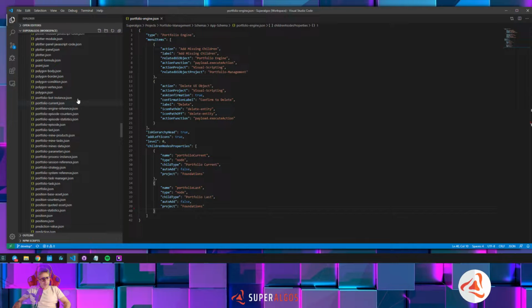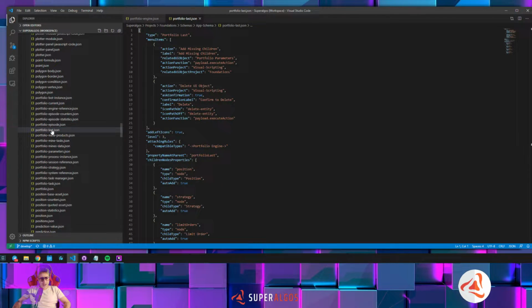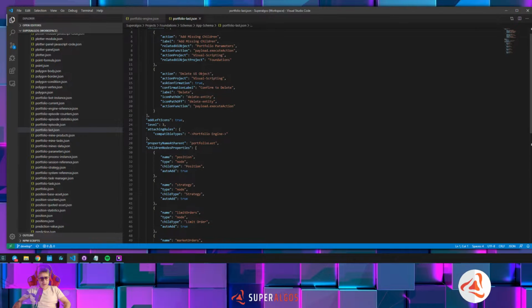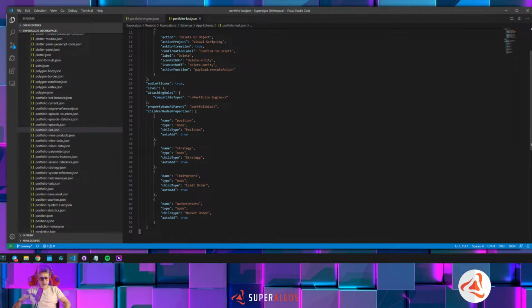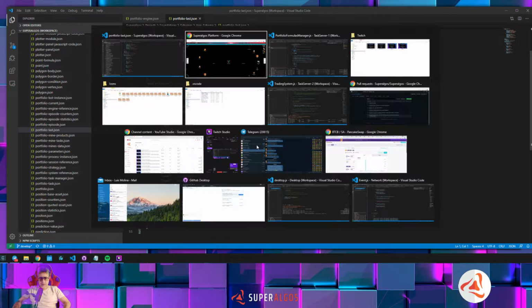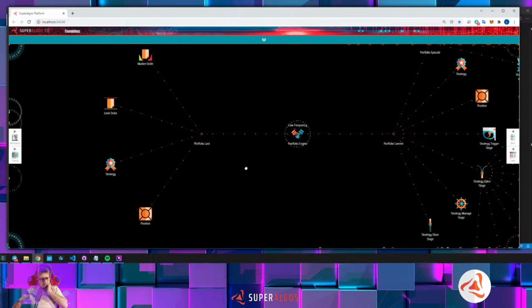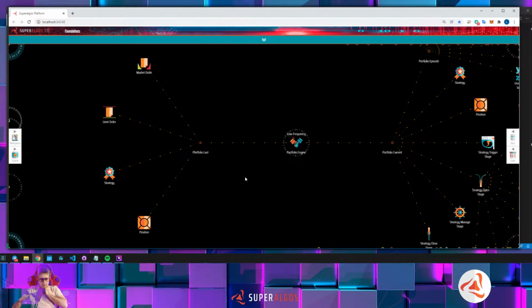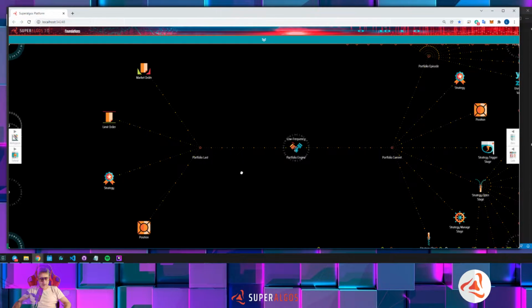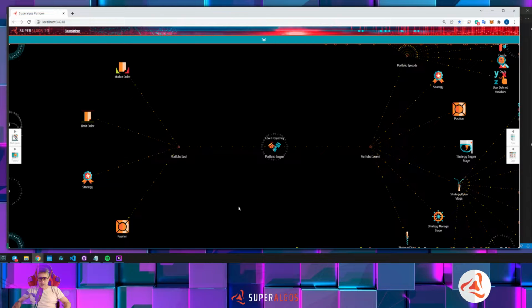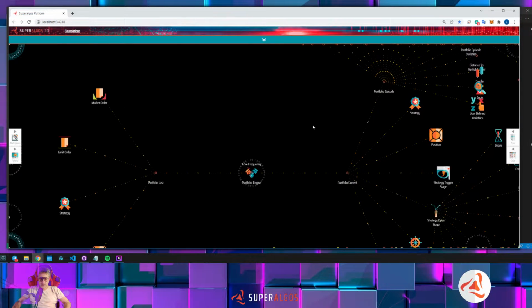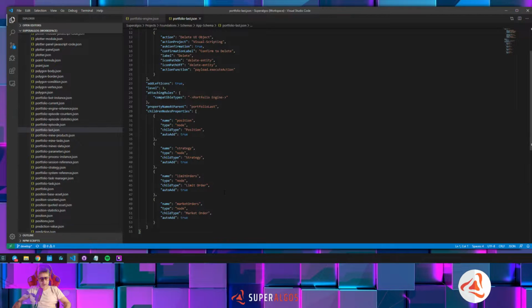So, portfolio last. I like the concept of having the last set of objects. That might be useful, but still I don't know which ones we are going to have here, much less which ones we're going to have here.